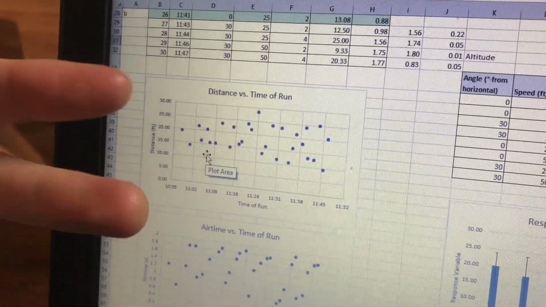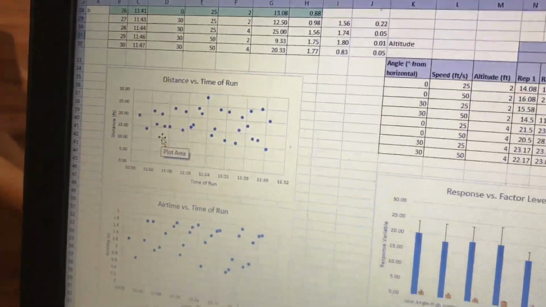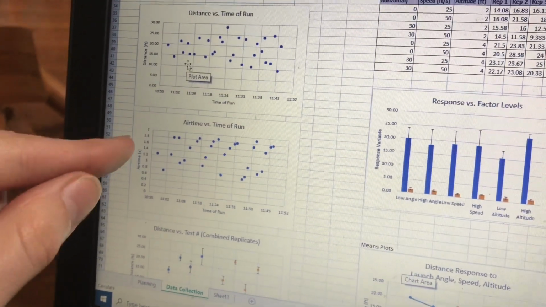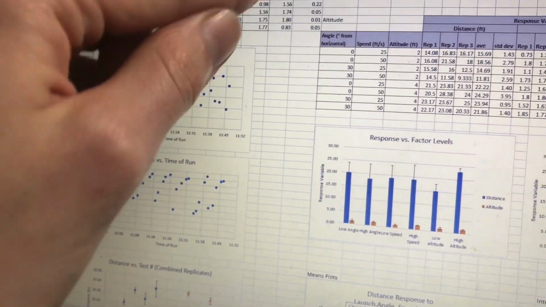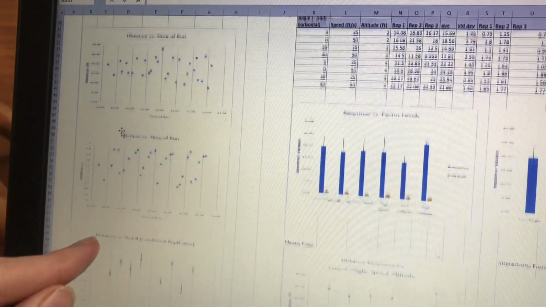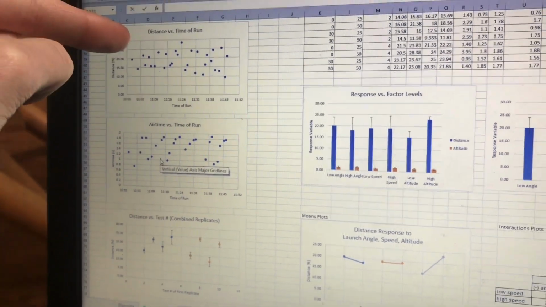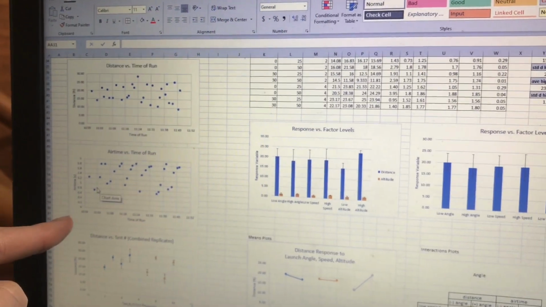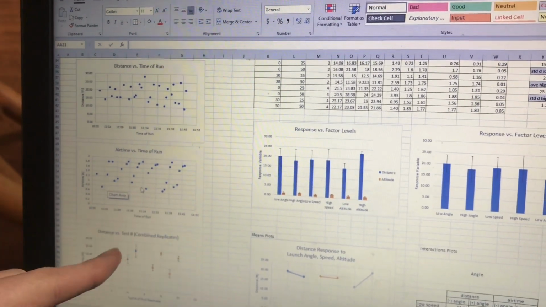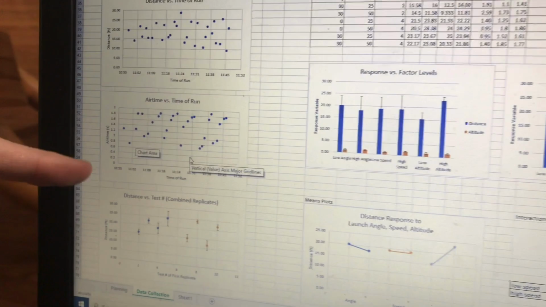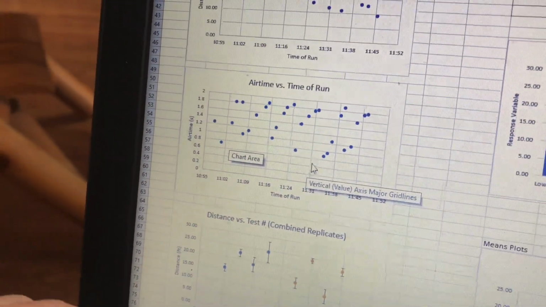It just kind of goes straight across, so that looks pretty good. It would be bad if we saw it wandering up or down during the test. That was for the distance, and then here's the amount of airtime that I got versus the time that I tested it, and again, it's just kind of spread all over the place. That's good.